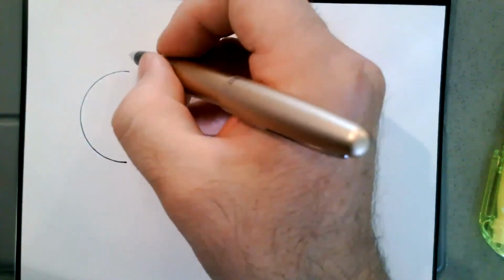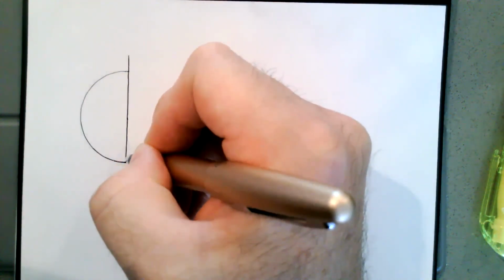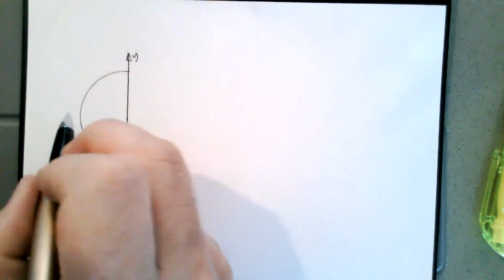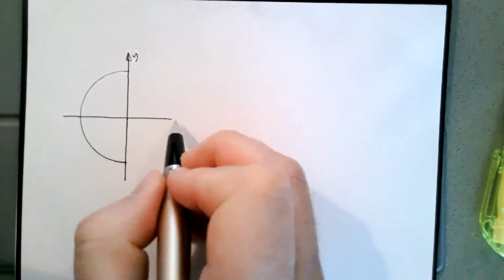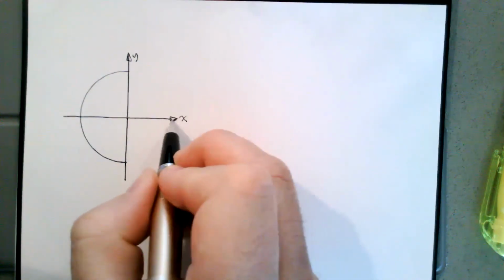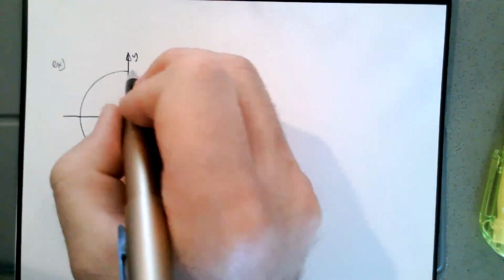Plus another, I get to use my cool circle thing one more time. So this is still going to be x squared plus y squared equals 9.